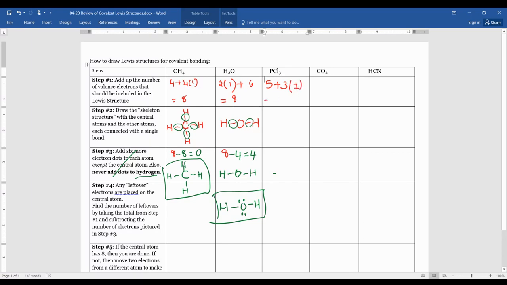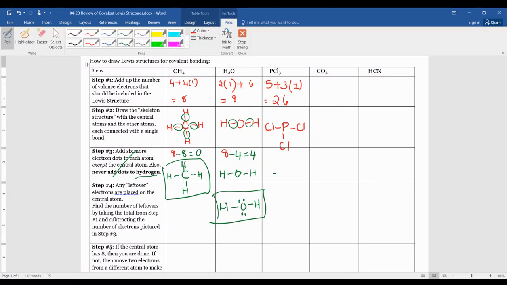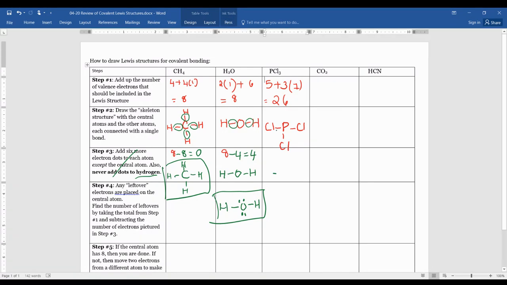So 5 plus 21 is 26. I begin with the first atom. So P goes in the middle. And then Cl, Cl, Cl. Each bond is 2 electrons. So I subtract 26 minus 6, which is 20.